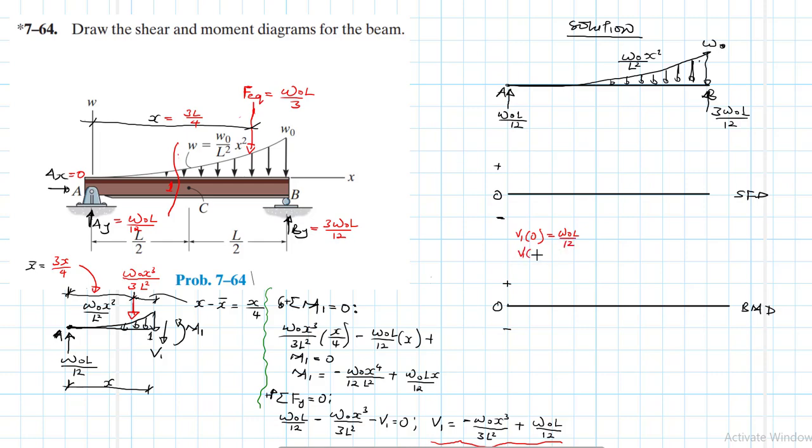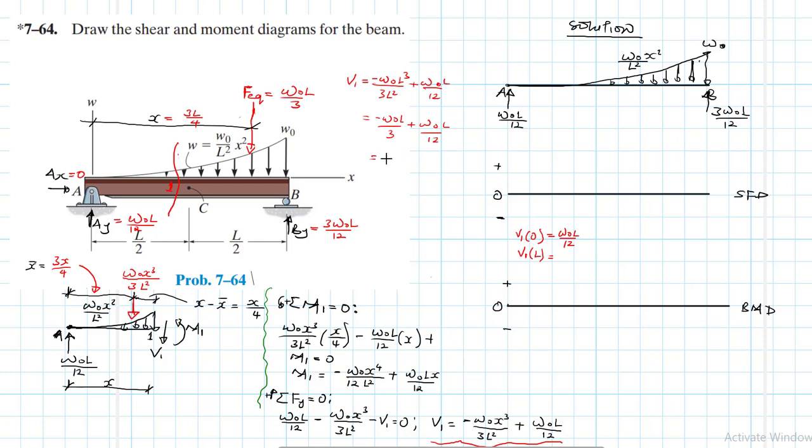And when x is equal to L, V1 is going to be equal to, let's plug it in. So V1 equals minus w naught times x, that is L now, L cubed divided by 3L squared, plus this w naught L divided by 12. So this just becomes minus w naught L divided by 3 plus w naught L divided by 12.